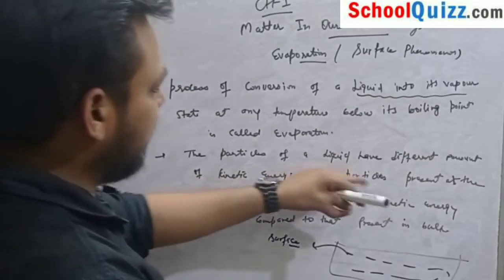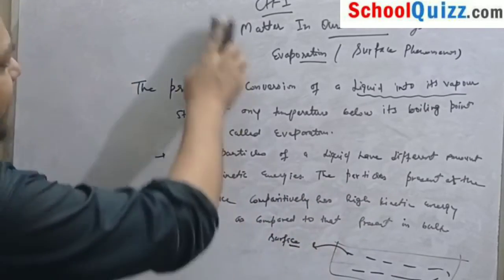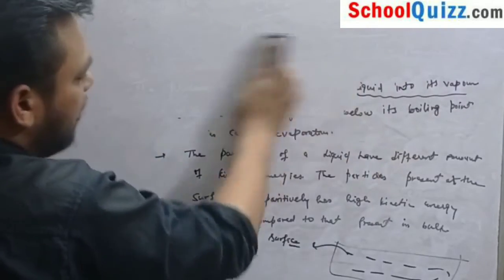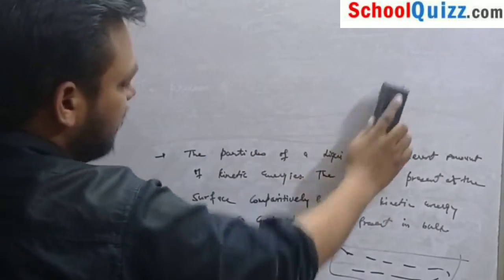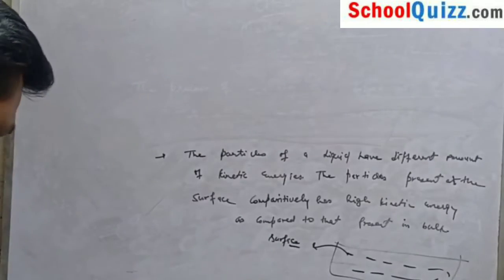So the particles of a liquid have different amounts of kinetic energies. The particles present at the surface comparatively have high kinetic energy as compared to those present in the bulk.